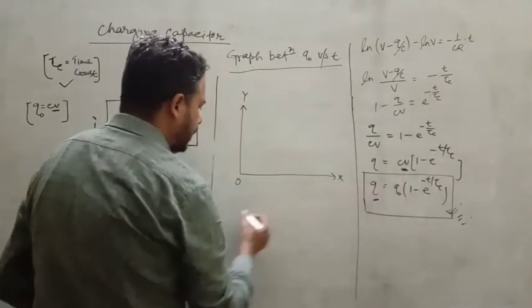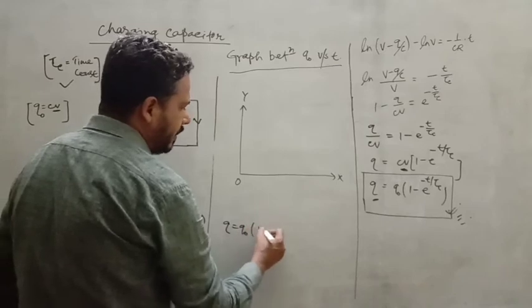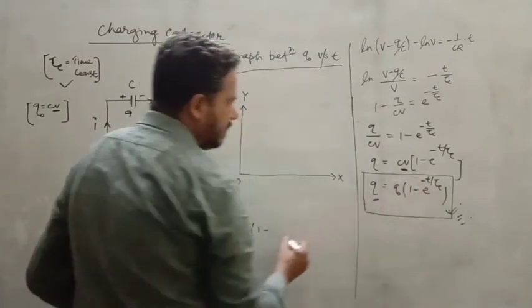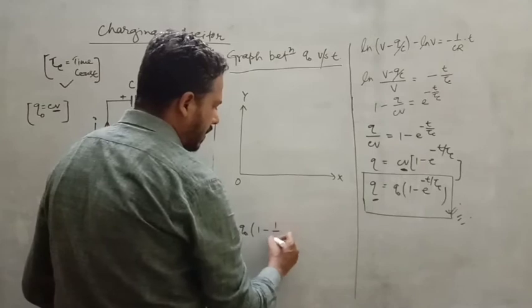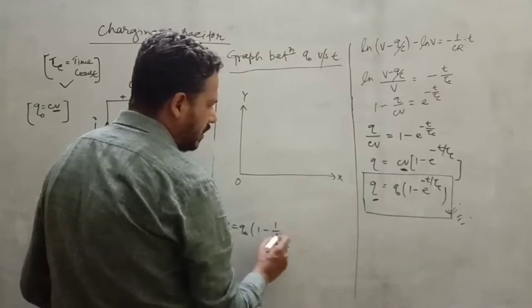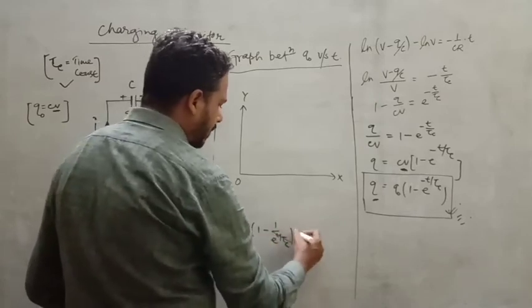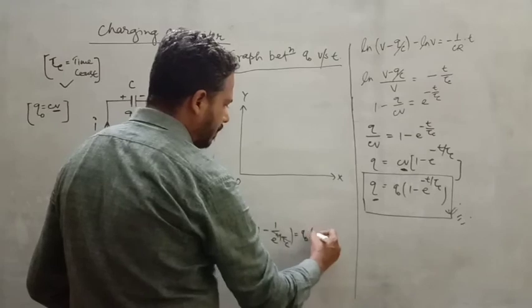This one is Q, Q naught, and 1 minus 1 by e to the power t by tau c. Actually both are time, so that will be cancelled. So how much will you get from here? This one is Q naught times 1 minus 1 by e.